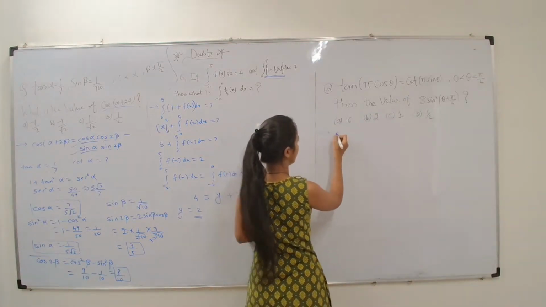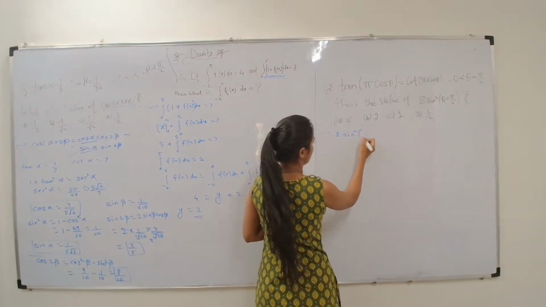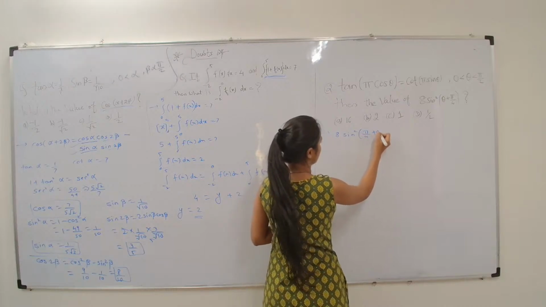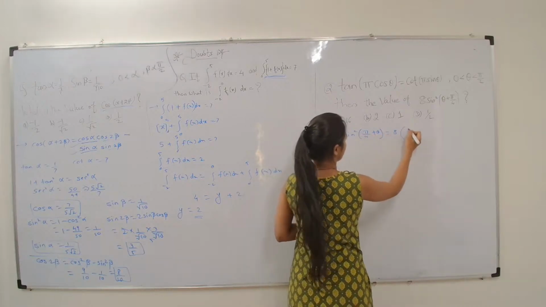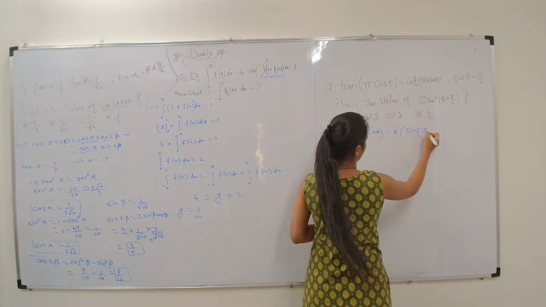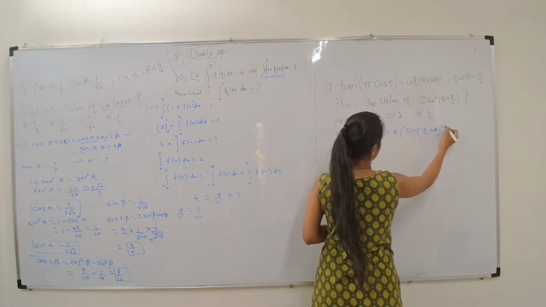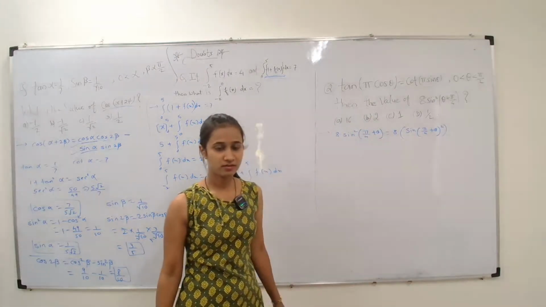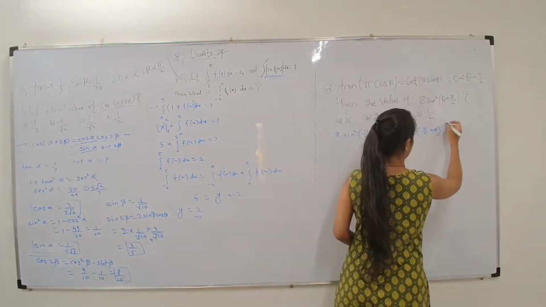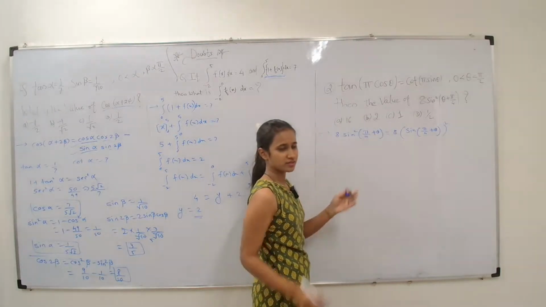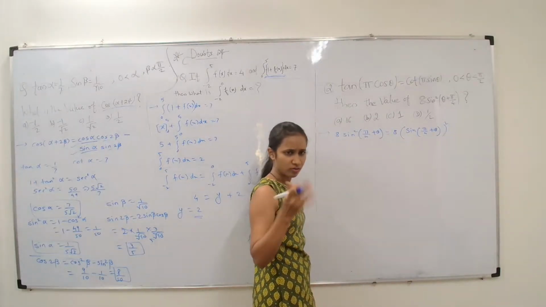What you have to find out is 8 sine square pi by 4 plus theta. That is nothing but 8 sine of pi by 4 plus theta raised to 2. Can I write it like this? Sine square x and sine of x whole square is same. Right?